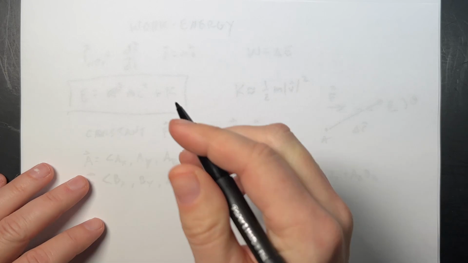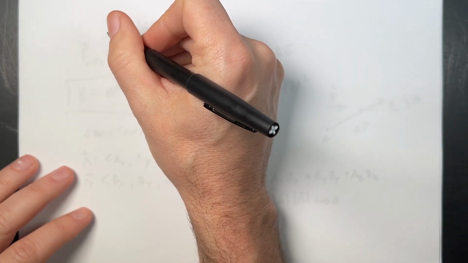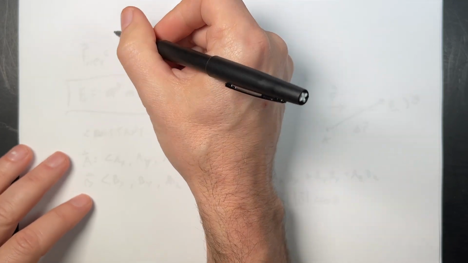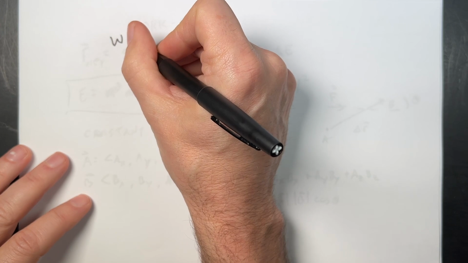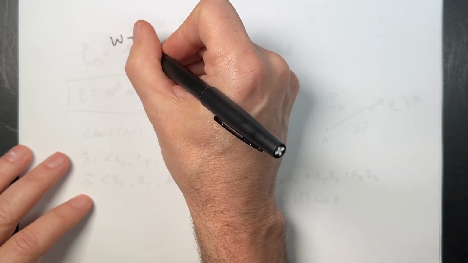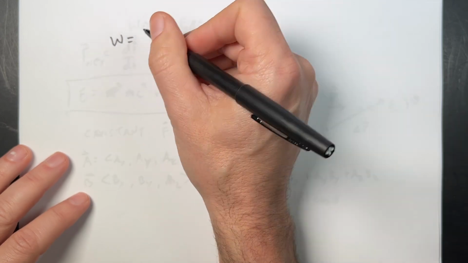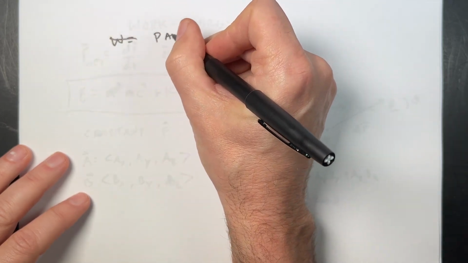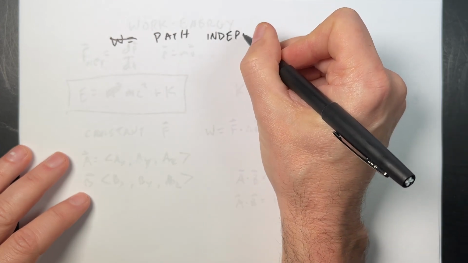Now, one of the things that you may or may not remember from your previous semester is things like this. If I calculate the work, let's just say it's path independent.